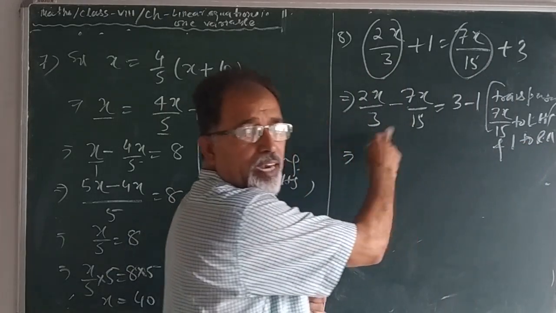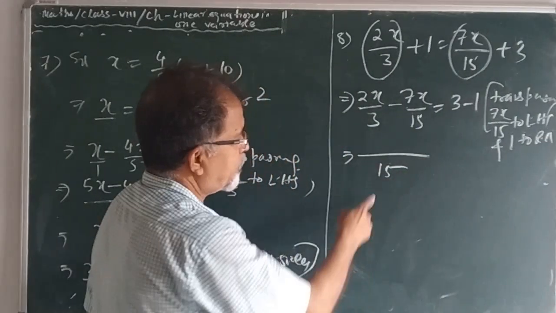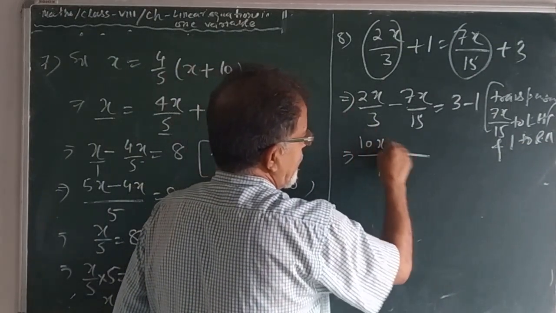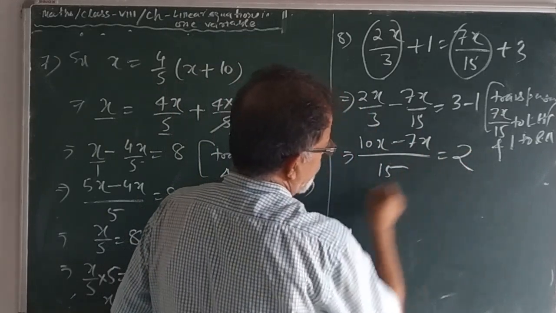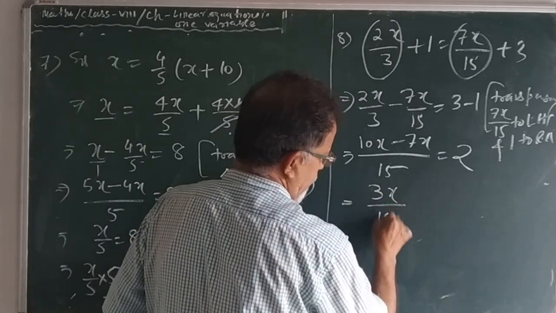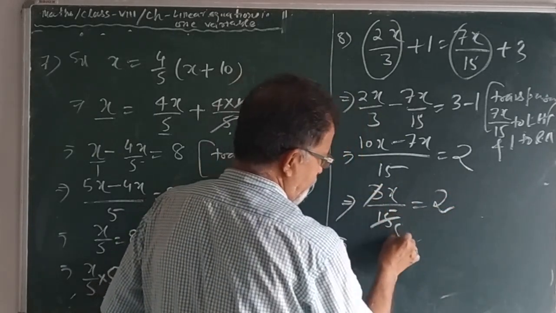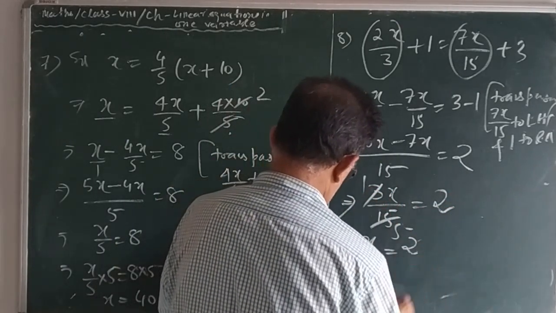LCM of 3 and 15 equal to 15. You already know how to find LCM. 15 divided by 3, quotient is 5. 5 twos are 10x. 15 ones are 15. 7 ones are 7x. 10x minus 7x is equal to 3x by 15 equal to 2. 3 fives are 15, so x by 5 equal to 2.